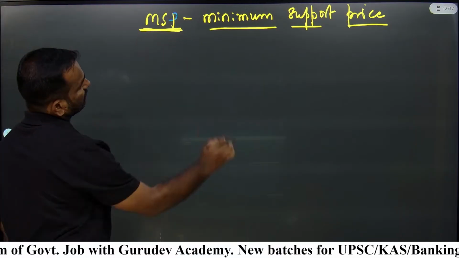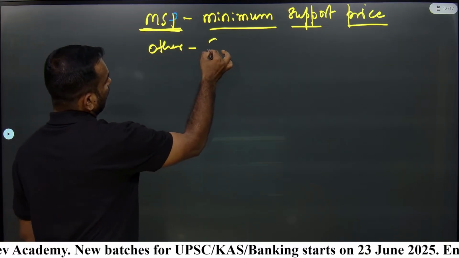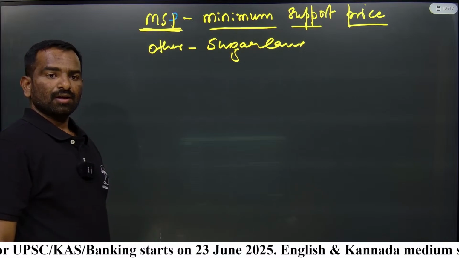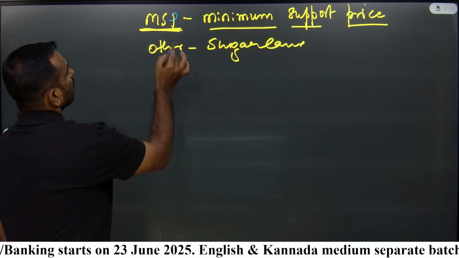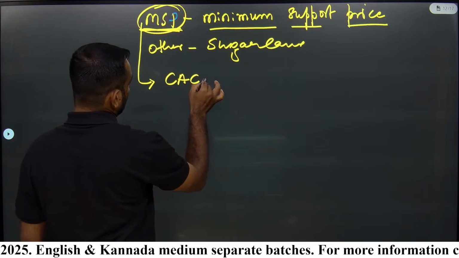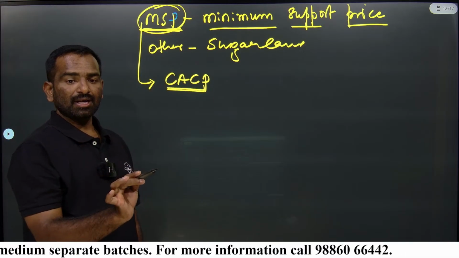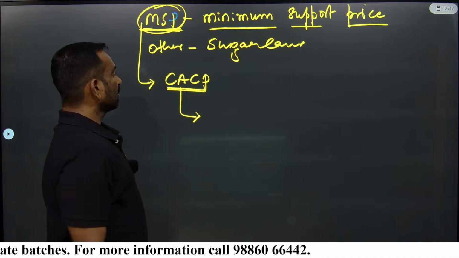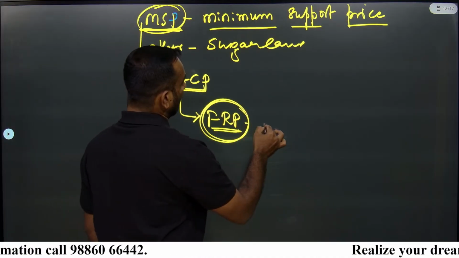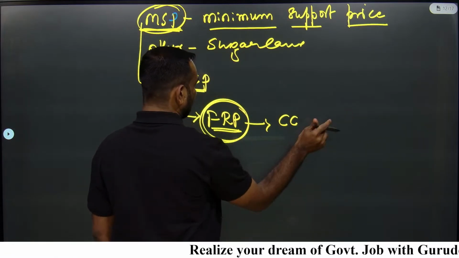And this minimum support price is related to crops other than sugarcane. The MSP is decided by the CACP, the Commission for Agricultural Costs and Prices, and the same commission recommends the FRP, which is approved by the Cabinet Committee on Economic Affairs. Once again I will repeat.